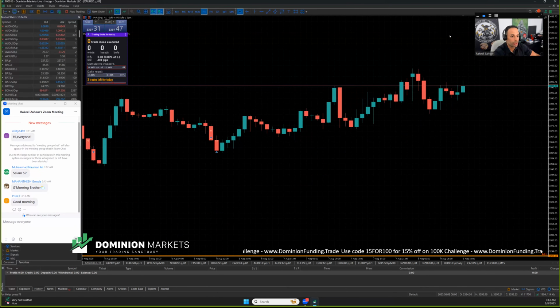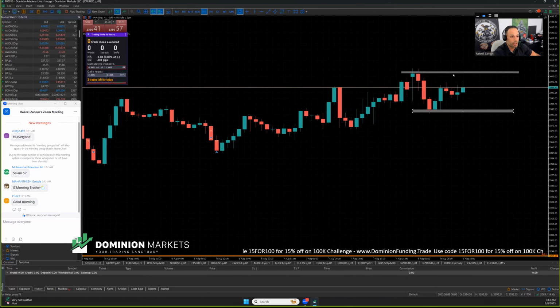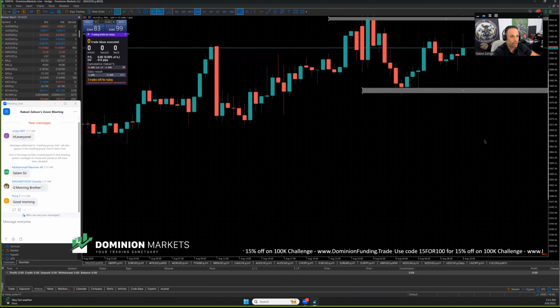One thing I want to take a look at on the 1 hour time frame is that maybe there's a resistance right here on the 1 hour. At the same time, there's a support on the 1 hour right here. So if we got the support and we got this resistance on the 1 hour time frame, let's switch over to the 30-minute.